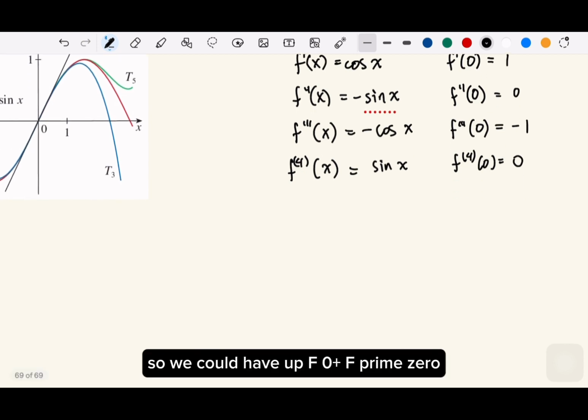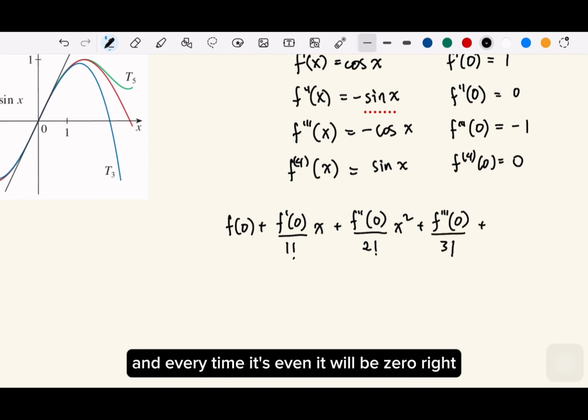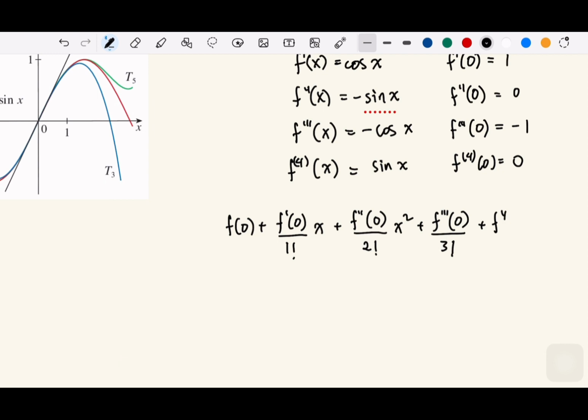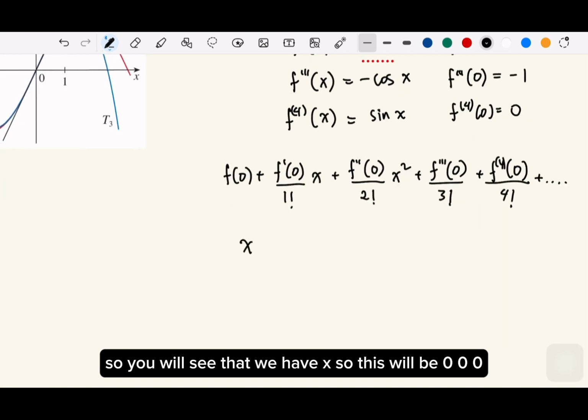So we could have f of 0 plus f prime of 0, and every time it's even, it will be 0, right? So you will see that we have x, and then 0, 0, 0.